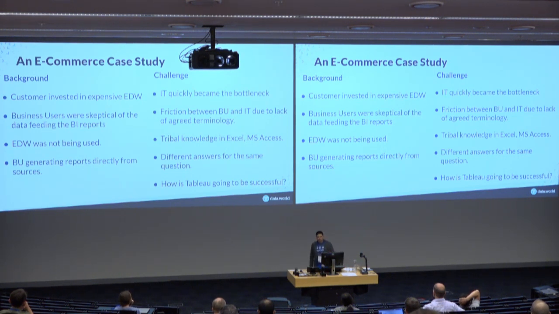There's all this tribal knowledge embedded in Excel, in wikis, documentation, emails, macros inside of Excel documents, and Access databases. The business users would get different answers for the same question. And they wanted to go use a fancy new business intelligence tool like Tableau. How was that going to be successful if I can't even understand my underlying database?